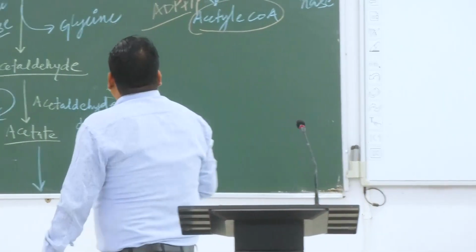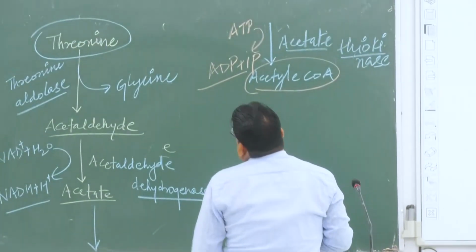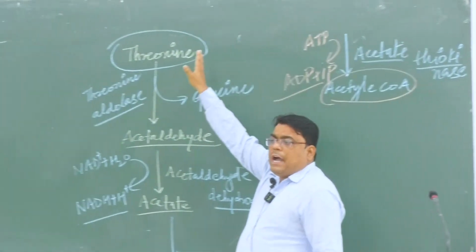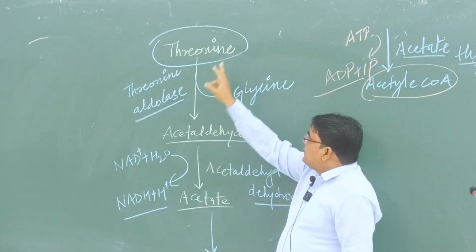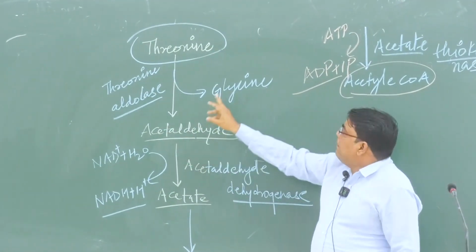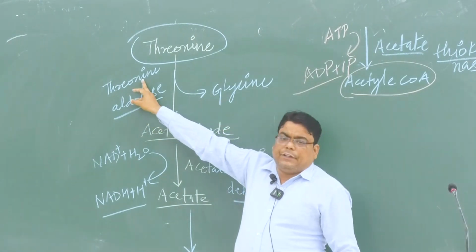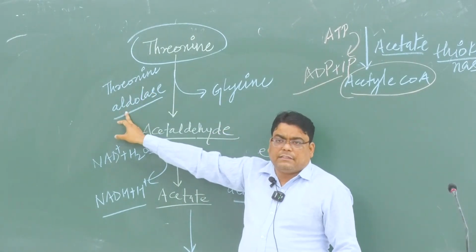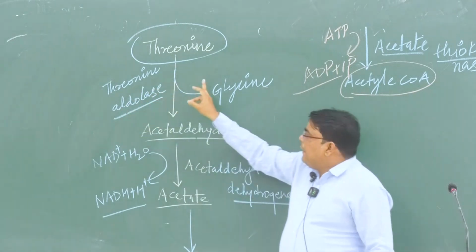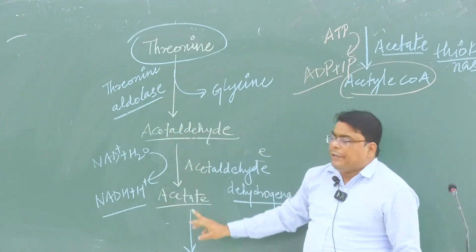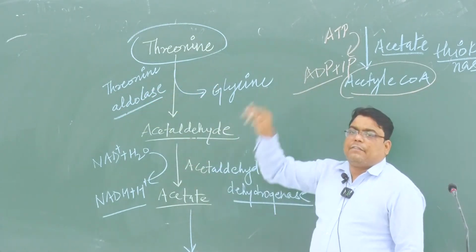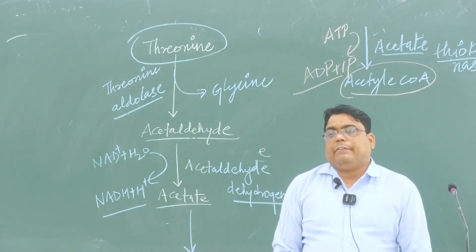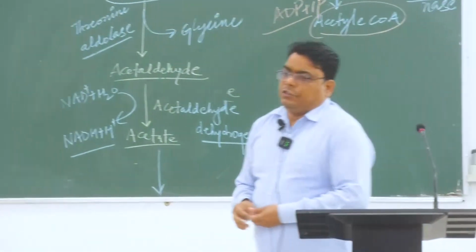Okay, so you will see this is another example of a hydroxyl amino acid which is firstly converted into acetaldehyde by the enzyme threonine aldolase. Okay, and then it is converted into acetate and finally acetate is converted into acetyl CoA, which is a precursor for gluconeogenesis.